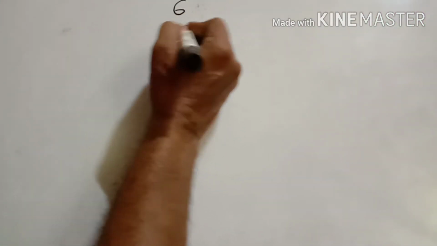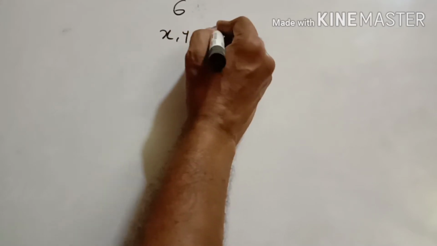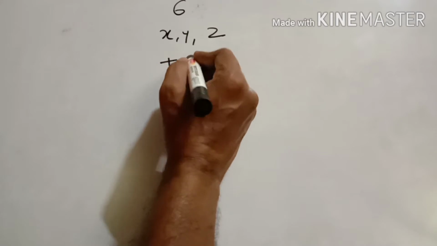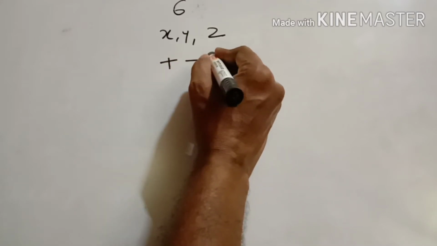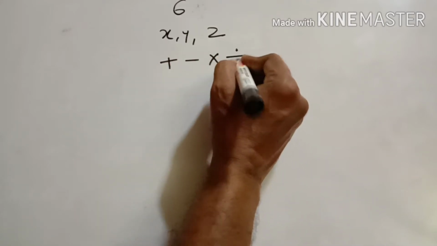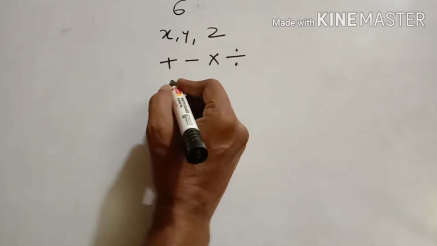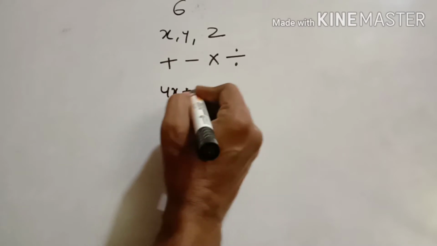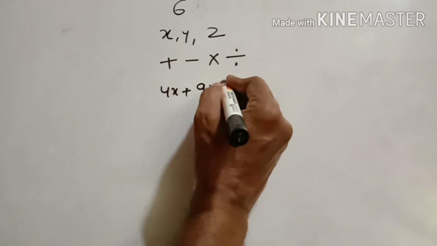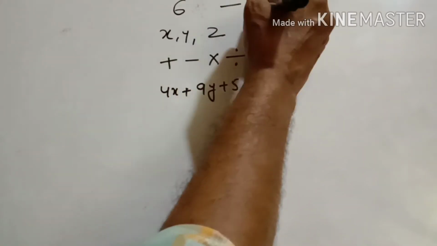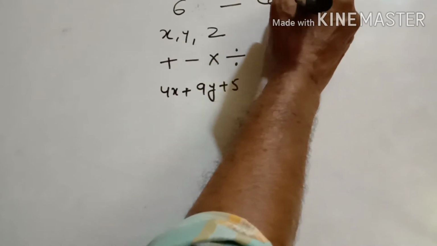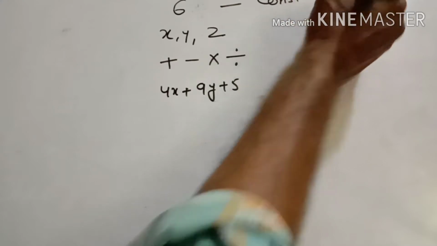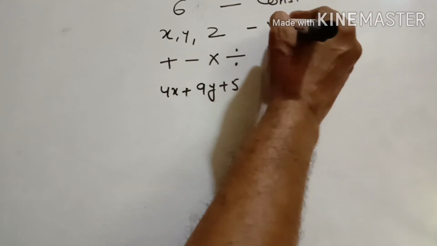Now just see: 6xyz plus, addition, subtraction, multiplication, division, and 4x plus 9y plus 5. This is what? This is your constant term. This is a variable.